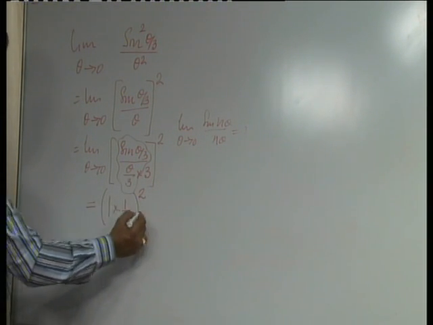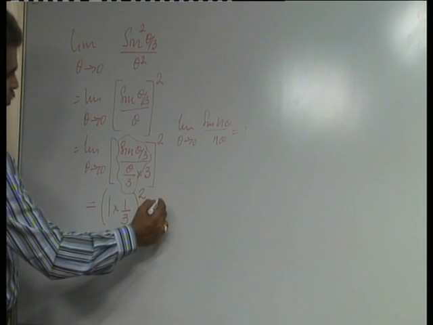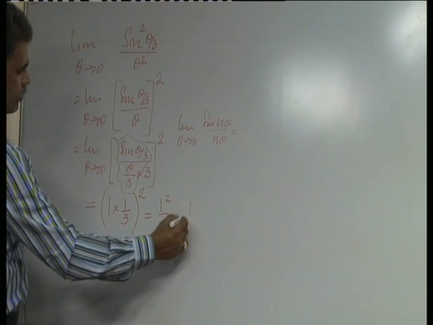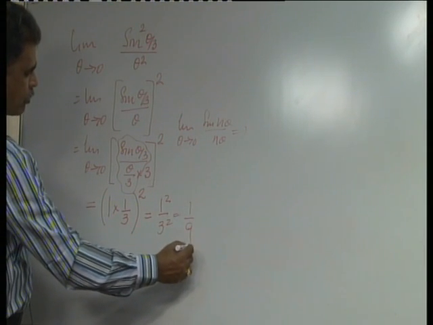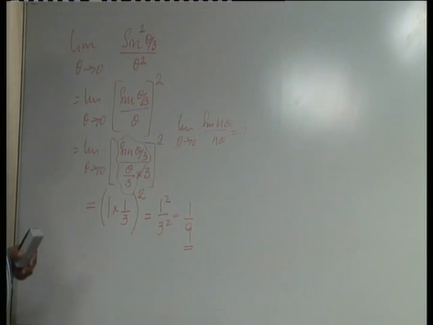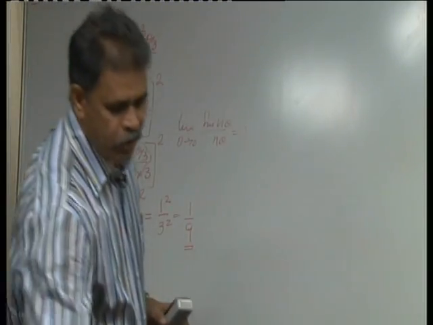So, 1 into 1 by 3 is 1 by 3, 1 by 3 square, that is 1 square divided by 3 square, which is equal to 1 divided by 9. This is the answer for the problem taken. Look at the next problem.